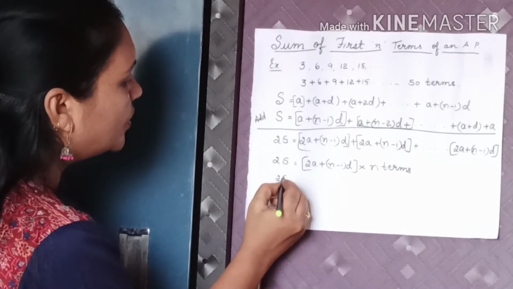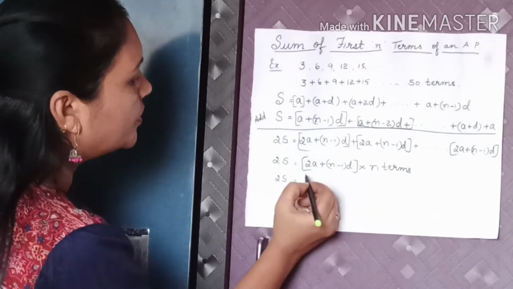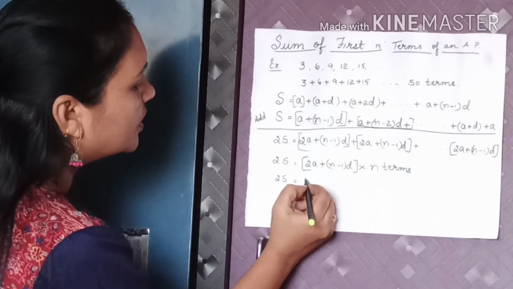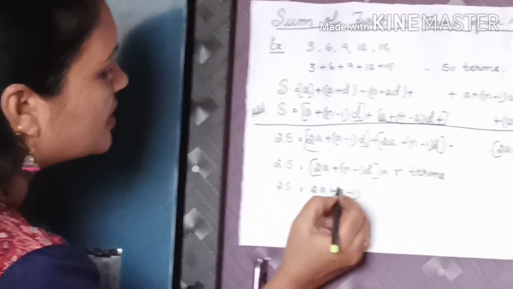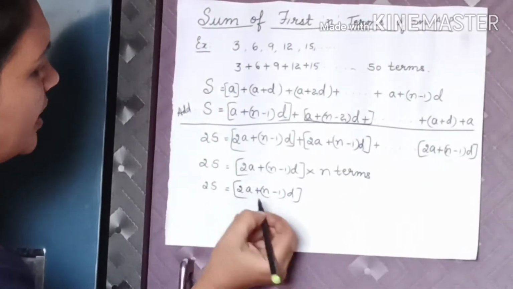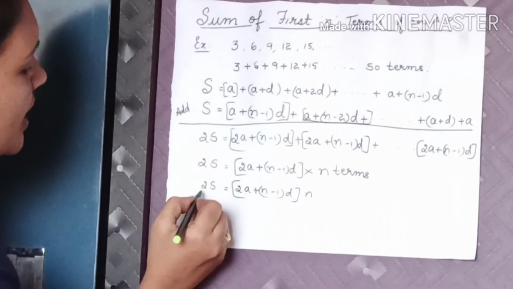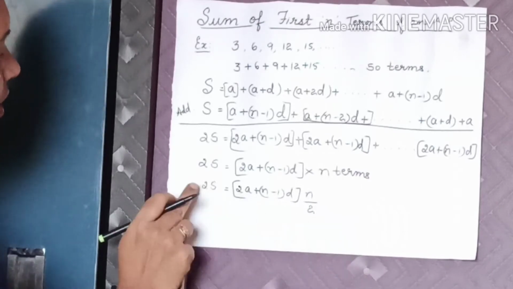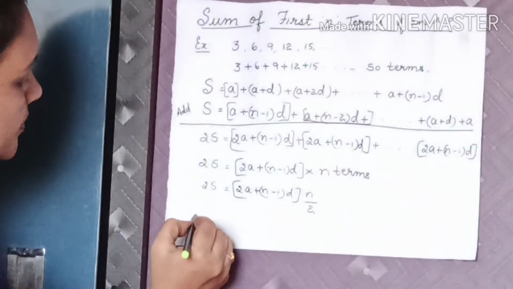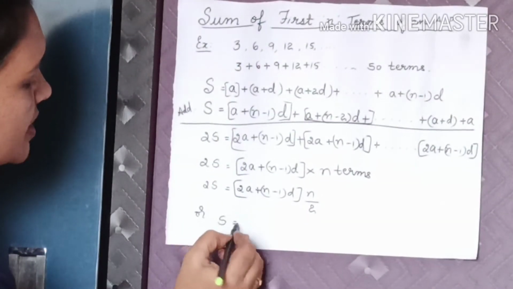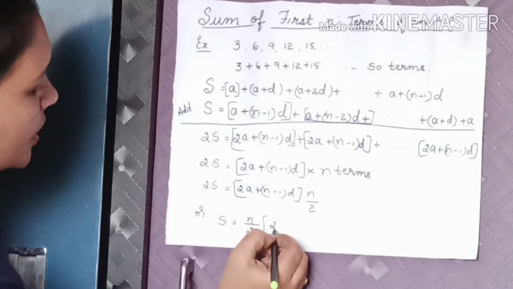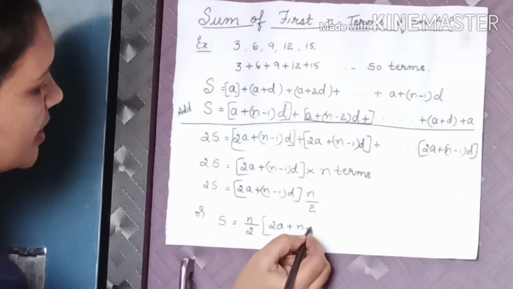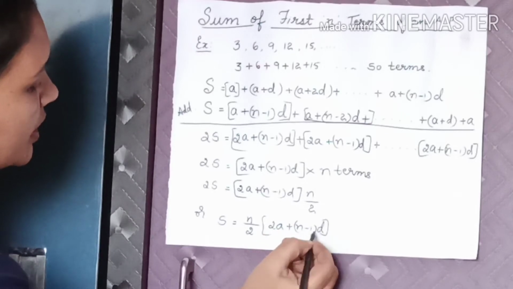Now 2S is equal to n into (2a plus (n minus 1) into d), and this 2 I am taking down, so S is equal to n by 2 into (2a plus (n minus 1) into d).